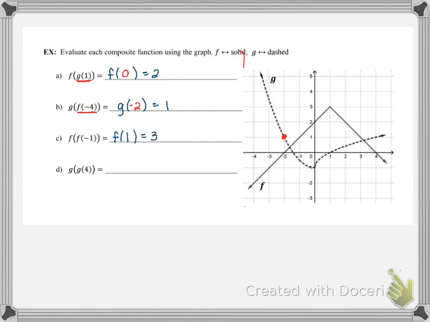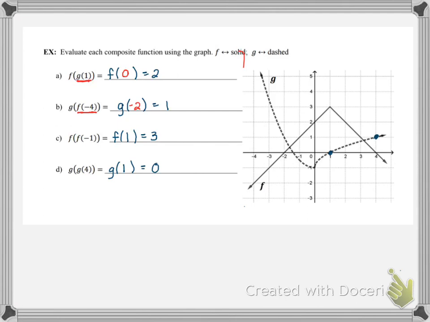So then g of 4, we start with what is g of 4. So we find an x value of 4, and that gives me 1. And then I want to find g of 1. So an x value of 1 on the graph of g gives me 0. Good.